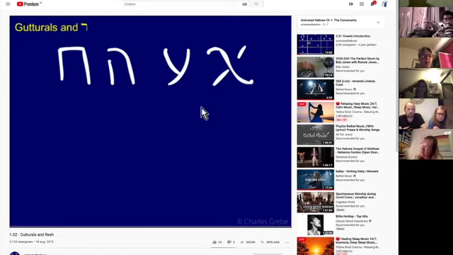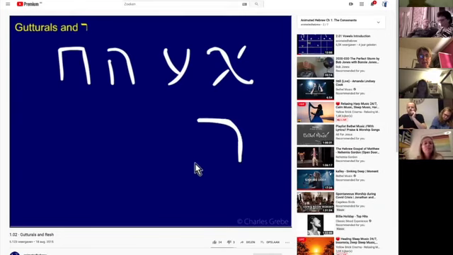They'll tend to change vowels to make them be pronounced further at the back of the mouth to match where these consonants are pronounced. There's another consonant, resh, that sometimes behaves like a guttural. It's not a guttural, but it'll sometimes behave like one, and so often as you move through Hebrew, you'll hear these referred to together as a group, gutturals and resh.